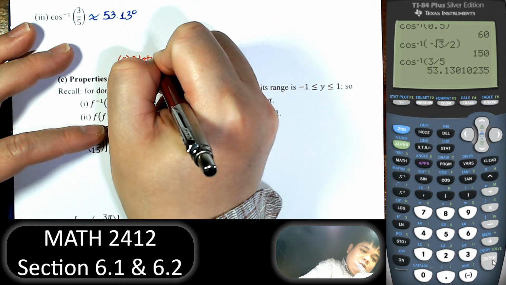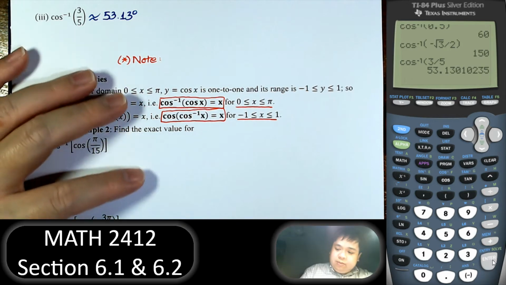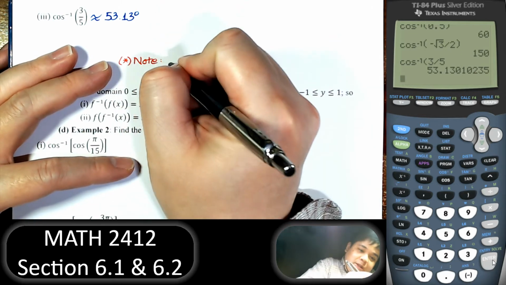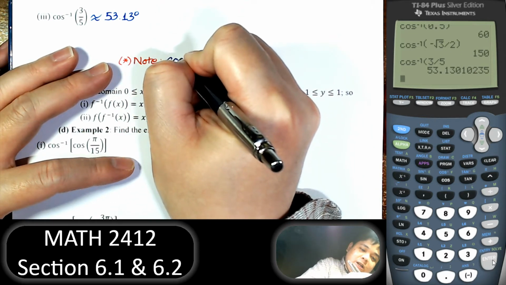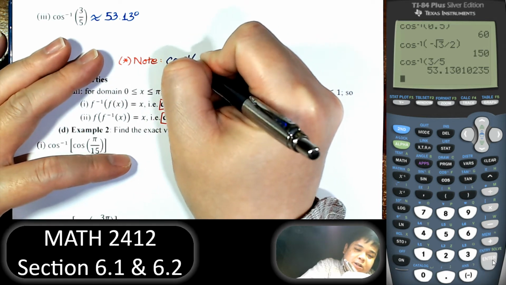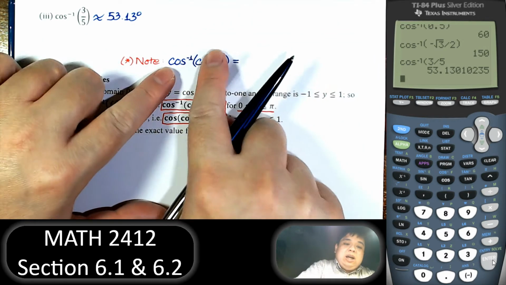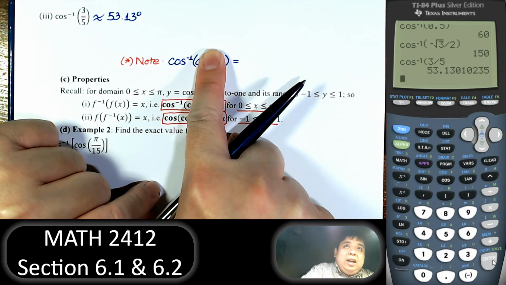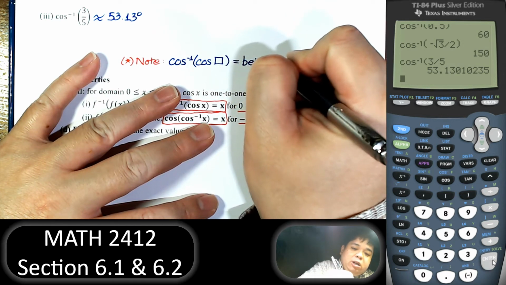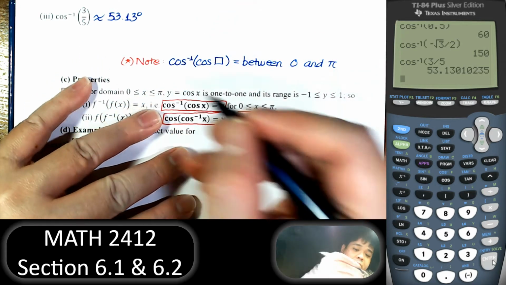This will be true for only trig functions. Actually, this will be true for sine and cosine functions. So here goes. We have cosine inverse of cosine of something. The answer, cosine inverse of something, doesn't matter what it is, has to be between 0 and pi, in quadrant 1 and 2. It's always defined.